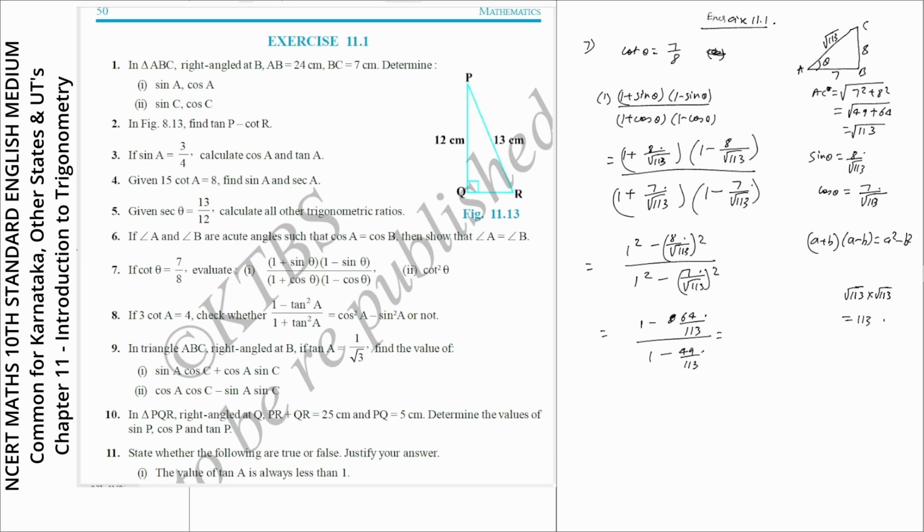If we take the LCM, it is 113 by 113 minus 64 by 113, divided by 113 by 113 minus 49 by 113.